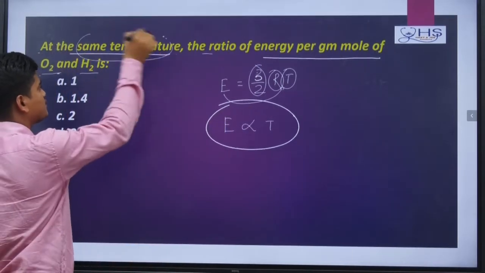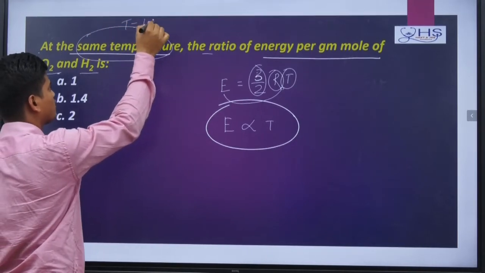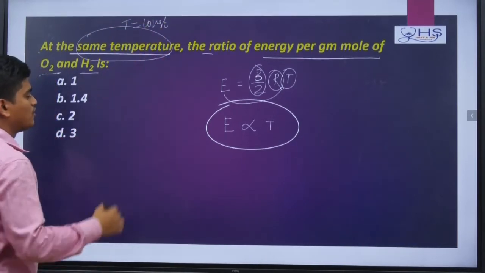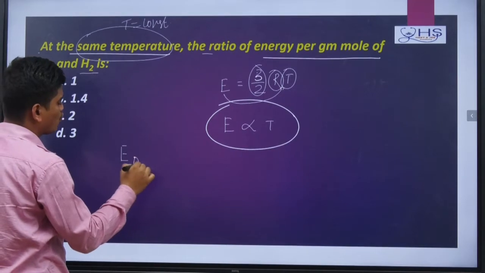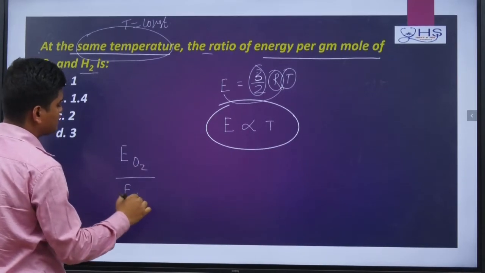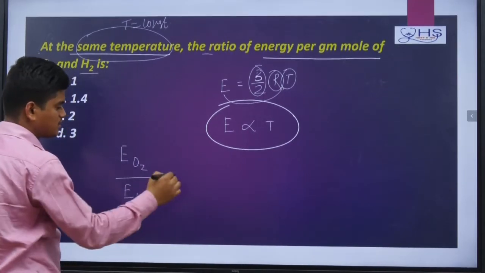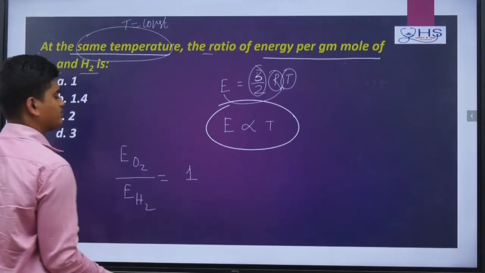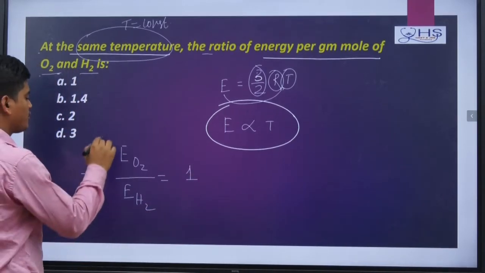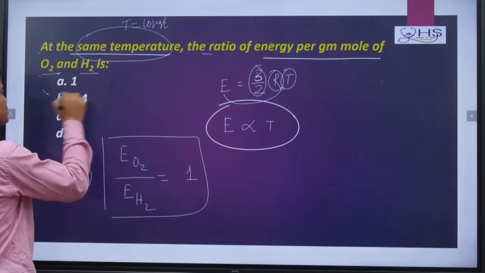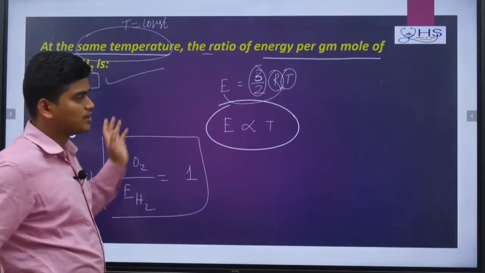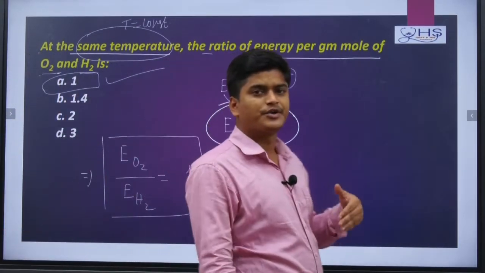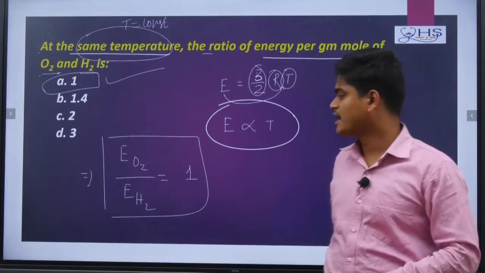Same temperature means T equal to constant for oxygen also, for hydrogen also. So energy O2 by energy H2 will be how much? Now same, so it will be 1. So the ratio will be 1. So this will be your answer. Okay. So this is what you are understanding from here. At same temperature, this thing is happening.